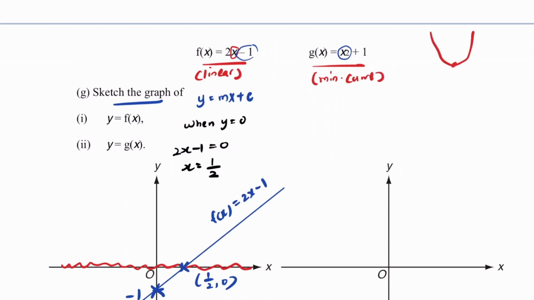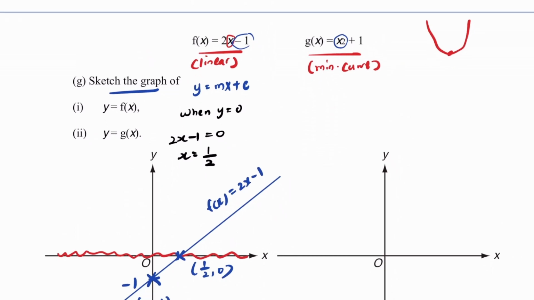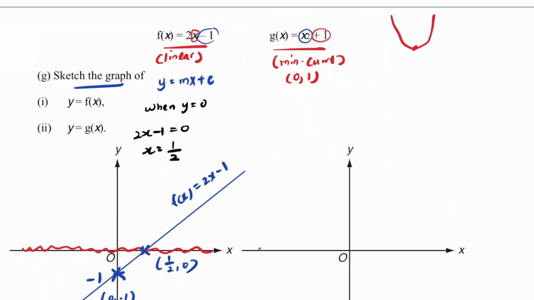So it's a U-shaped parabola. The minimum point should be 0, 1. Based on this graph, you know the pattern and the shape, so 0, 1 is the lowest point that you can go.